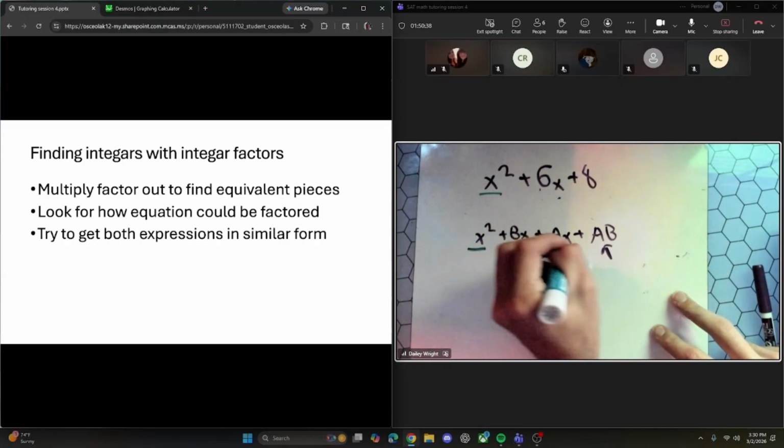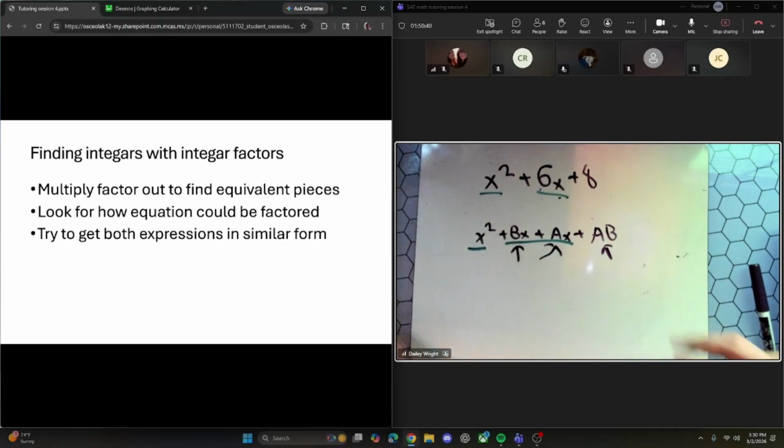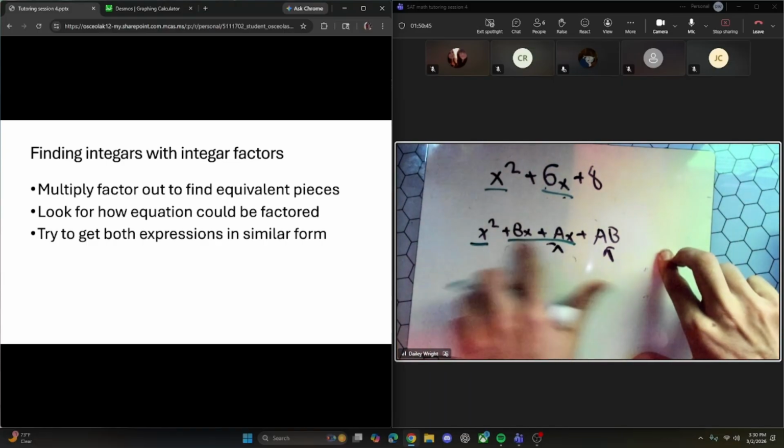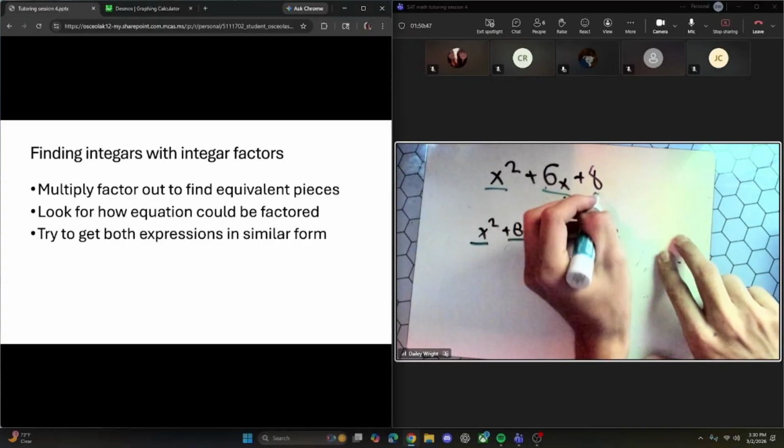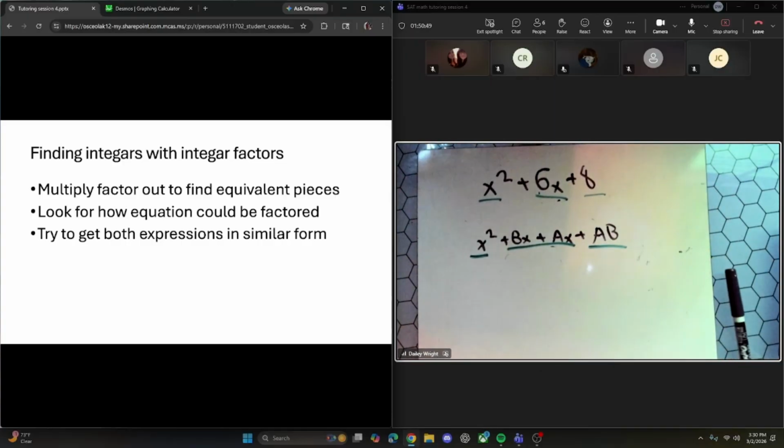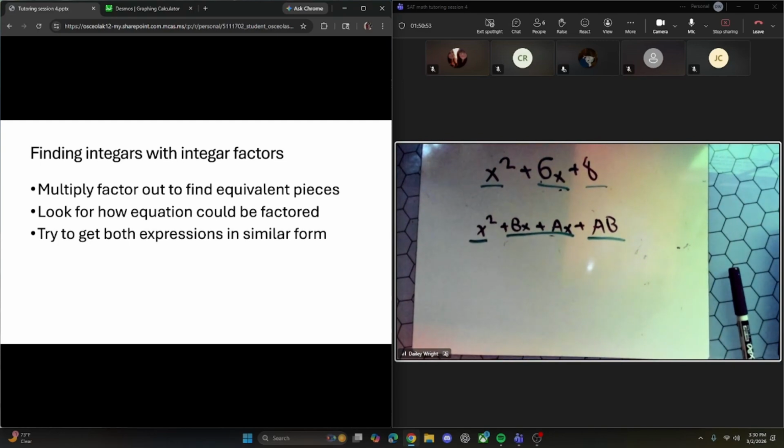You have a bx. There's 2 in the second one and 1 in the first one, but you still have an x, and then you have that constant at the end. So just putting the expressions in similar forms is going to help you a lot with these problems.